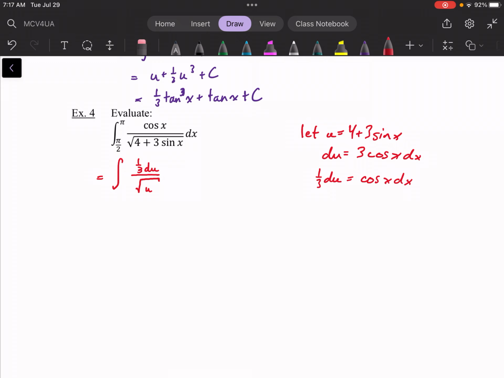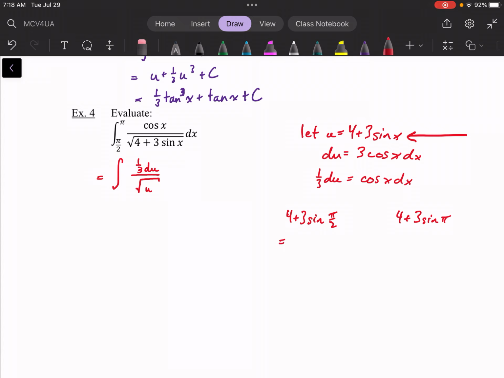So remember, in our expression u, 4 plus 3 sine x, x takes on two different values. So first find out 4 plus 3 sine of pi over 2, and 4 plus 3 sine of pi.